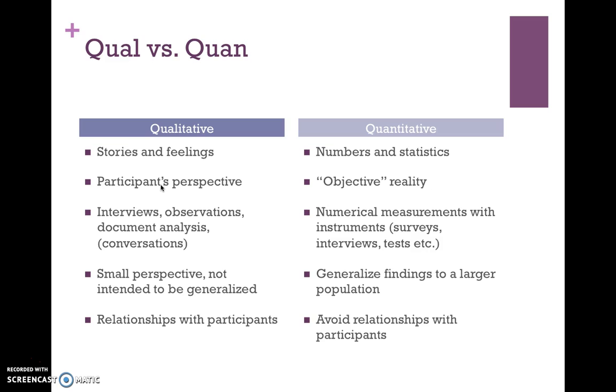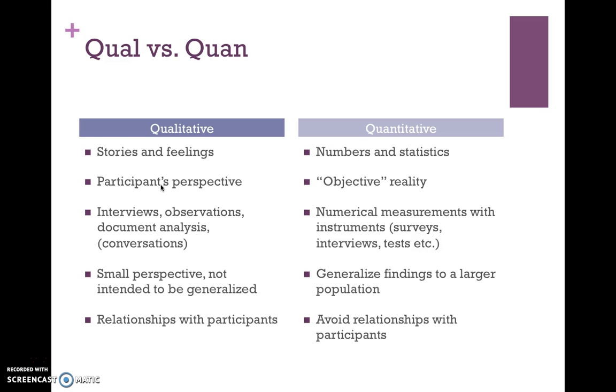Qualitative research usually values the participant's perspective, and quantitative research is trying to get to some "objective" reality, independent of any participant, or any single participant anyway. I put objective in quotes there because it's sometimes hard to achieve that, or hard to say that you're completely objective. And qualitative research might argue that you never are completely objective anyway, no matter how hard you try.